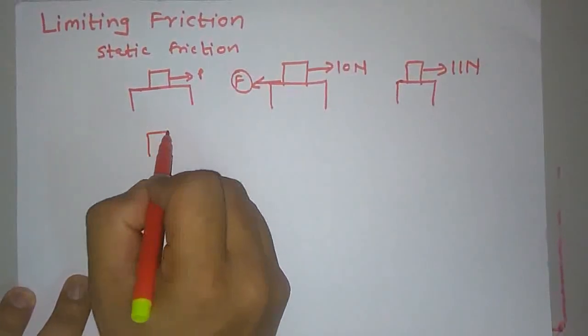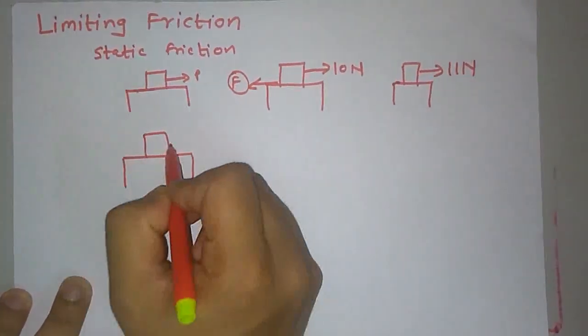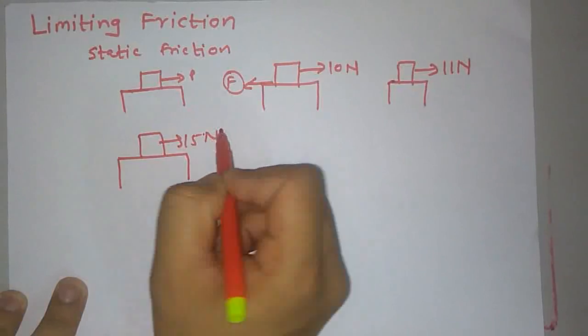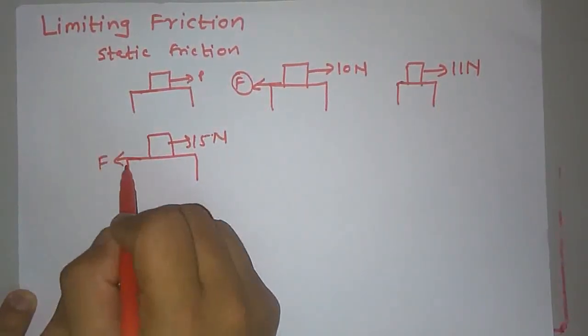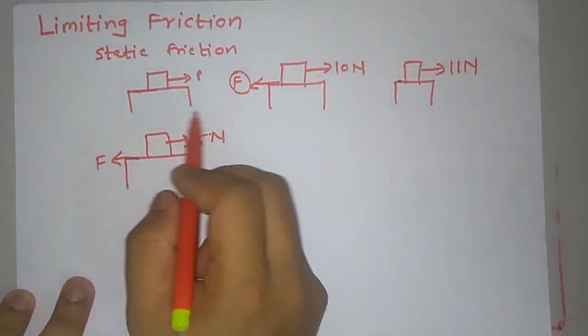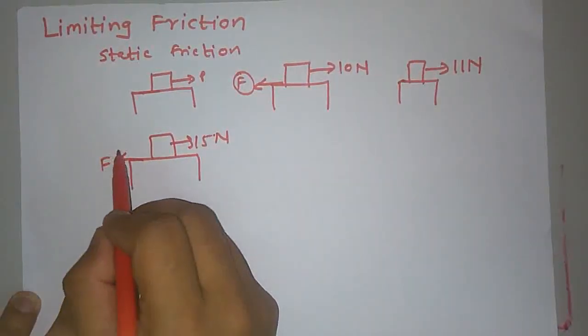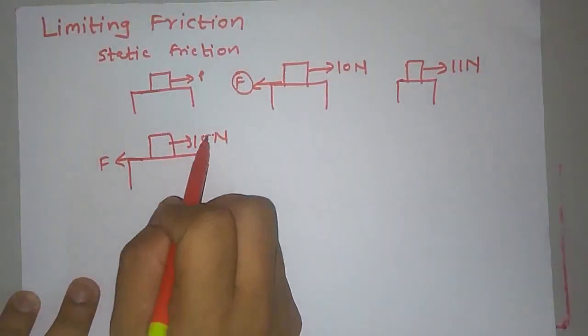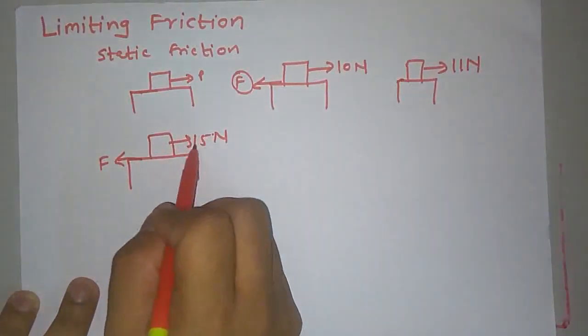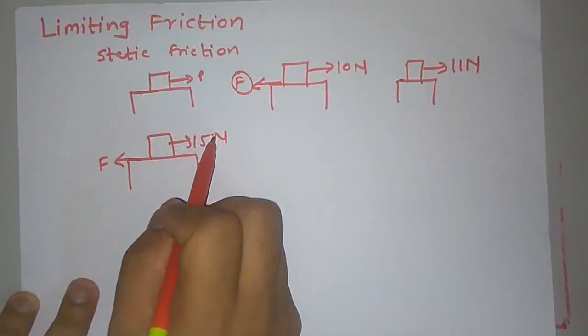Again I increase the force, suppose to 15 Newton. Though it is 15 Newton, due to this opposite frictional force, it is not moving. Why is it not moving? Because this frictional force value is increasing as we increase the applied force.